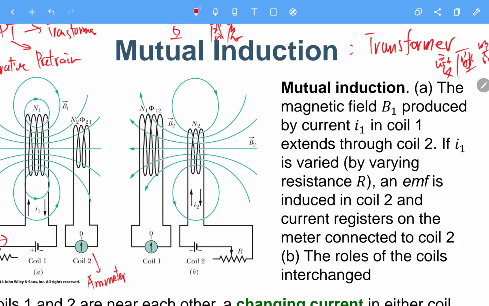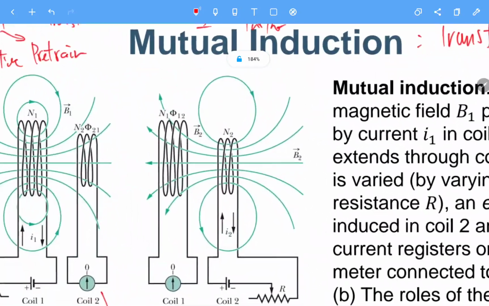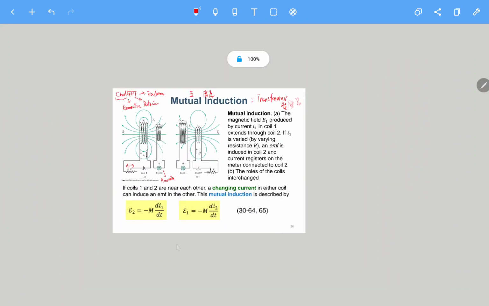Mutual inductance. Similarly, if we connect N2 to the battery with a tunable resistor and tune this resistor, the current will change, and then the magnetic field will change. The magnetic flux for the secondary coil will also change, and then there will be induced EMF. So that's the idea.